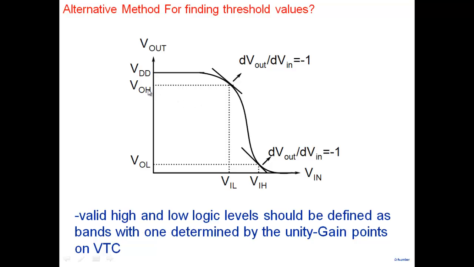So for example, if I start with VOH very close to VDD, noise margins will be low. As I start to decrease VOH, noise margins will increase. They will keep on increasing till I reach this particular point. If I go beyond this particular point, noise margin will start to decrease. So according to their claim, this is the place where noise margins are maximized.